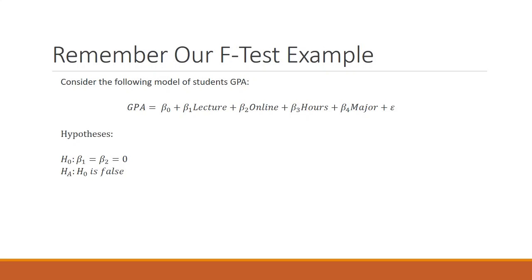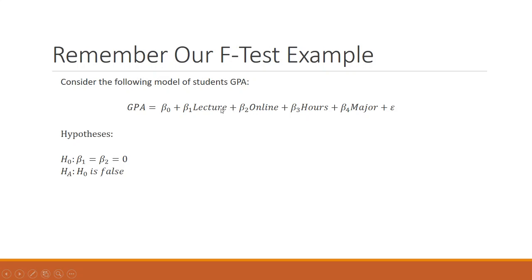What you'll see in this example is that these 2 variables, lecture and online, are both examples of instructional formats. And there's other types of instructional formats, but these are 2 examples. Then these are other determinants, hours spent studying and major.